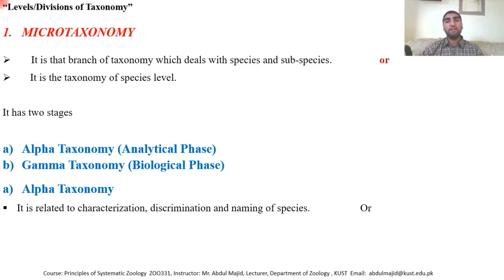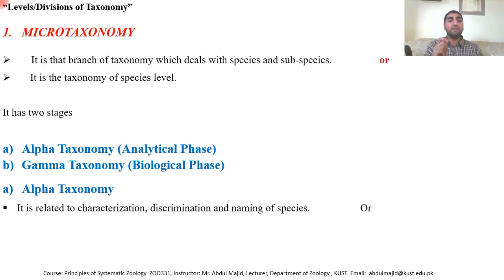Later on, we will take a proper example, but let me clear it at this point: if you have species, but they are unknown, you don't know what taxa or what categories they belong to, what you do is study their characters, and on the basis of those characteristics you discriminate them from each other, and then you name them.